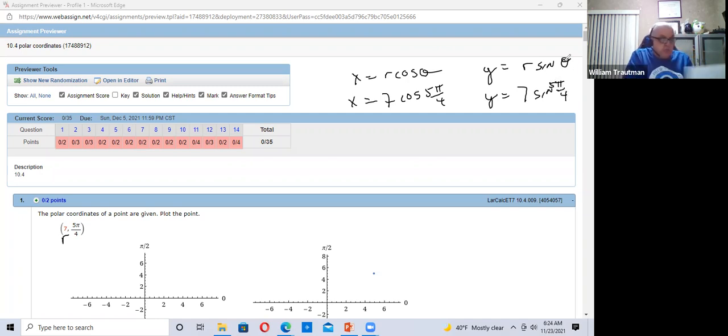In that quadrant, cosine and sine of 5 pi over 4 are both negative square root of 2 over 2.